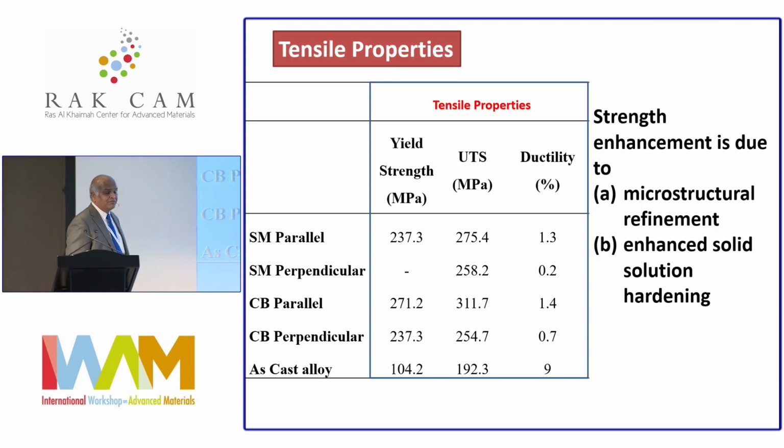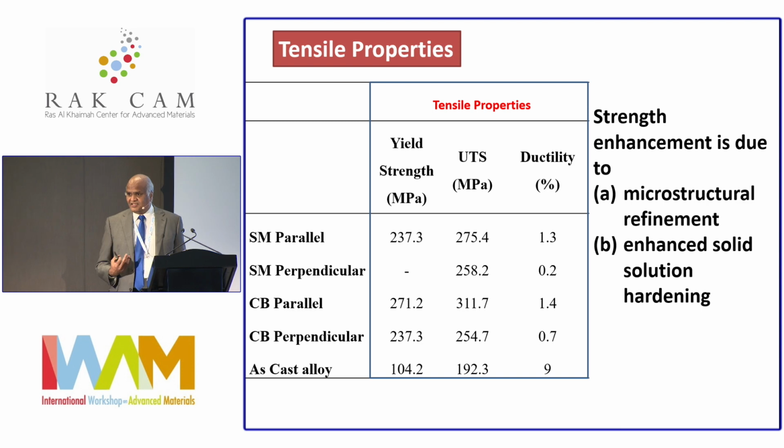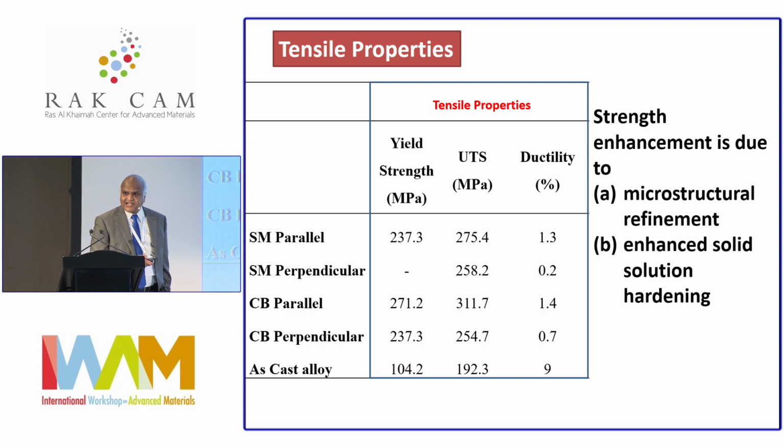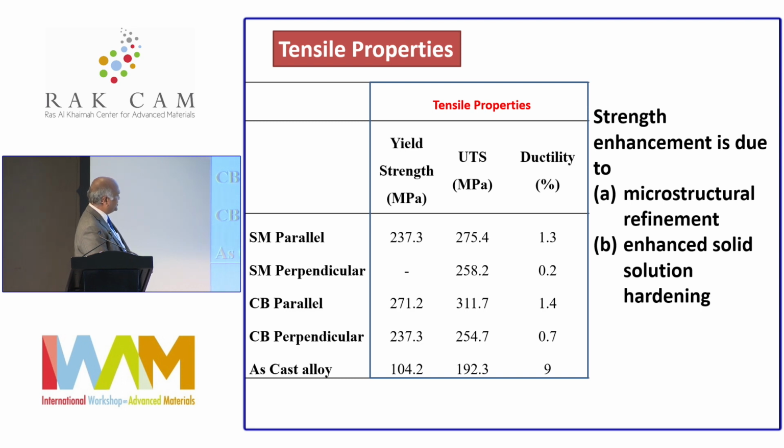And so when we did tensile tests on this, what we found is the strength has gone up a lot. So for example, if you take the same alloy and make a casting out of it, that's what you will have in your cars as a material. It has about 100 MPa yield strength and 200 MPa UTS.